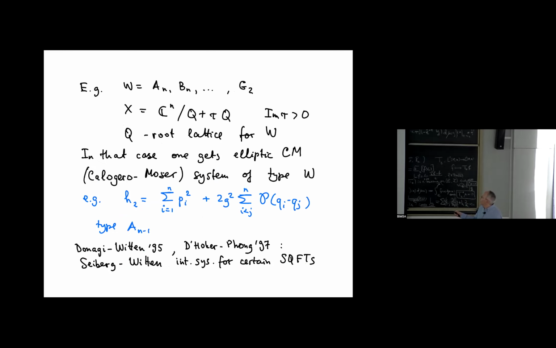In this case the corresponding integrable system is exactly the elliptic Calogero-Moser integrable system of type W. Here is a formula for the quadratic Hamiltonian in type A, for a system of n particles on the line interacting with this elliptic potential. As I already mentioned, this was known since the 90s to be a particular Seiberg-Witten integrable system.